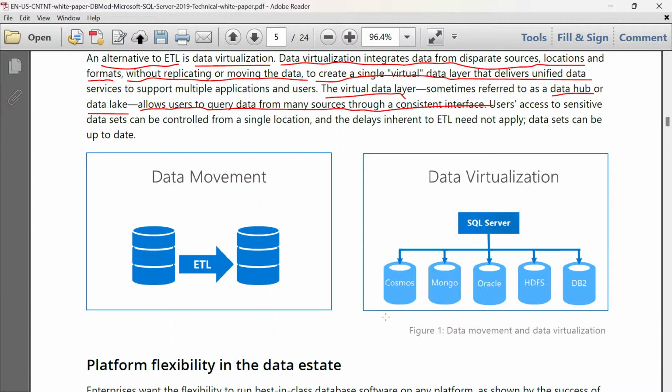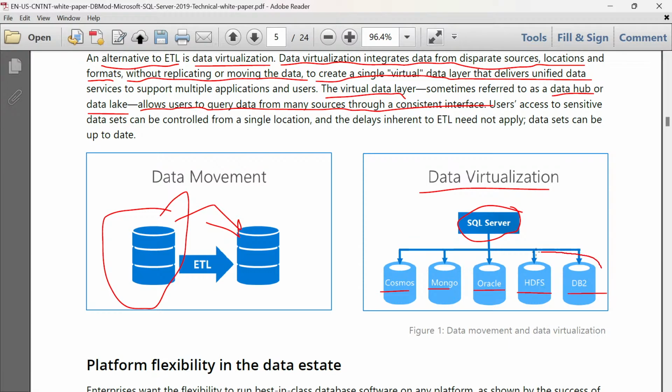So in the diagram, we can see a data movement in the form of ETL processes where the original data is copied or moved into a new system for analysis purposes. In the case of data virtualization, we have the database server which can integrate data from various sources, like Cosmos, Mongo databases, Oracle systems, the Hadoop file systems, then DB2 systems.